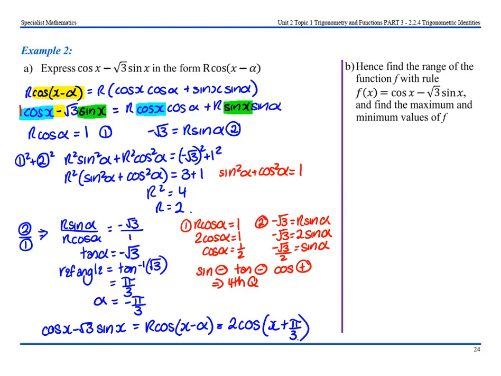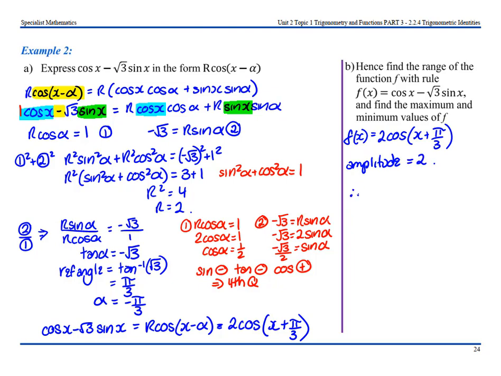It says, hence find the range of the function f with rule f of x equals cos of x minus root 3 sine of x, and find the maximum and minimum values. So we have that our f of x is 2 cos of x plus pi on 3. My amplitude of this function equals 2.